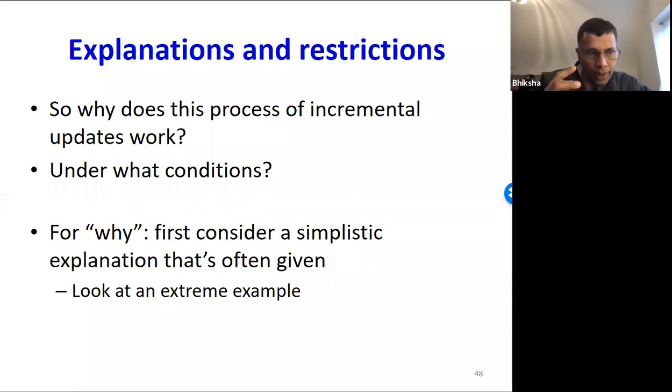And under what conditions is this going to be worse than just grabbing the handkerchief, adjusting the function at all training points? And under what conditions is it going to be better, right? So let's look at why it works, and I'll give you a very simplistic explanation to begin with.